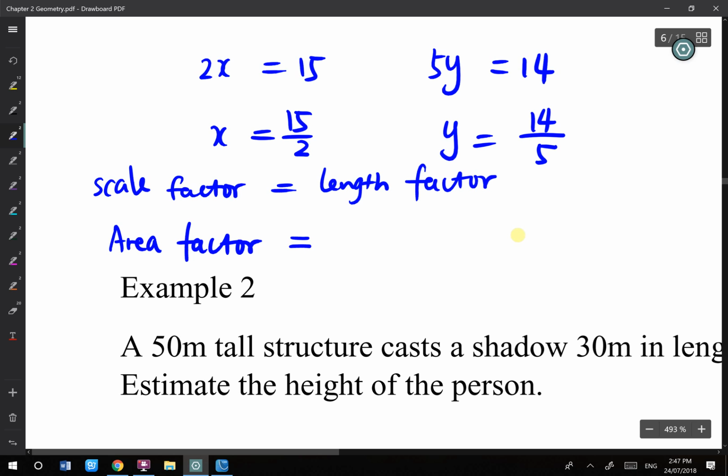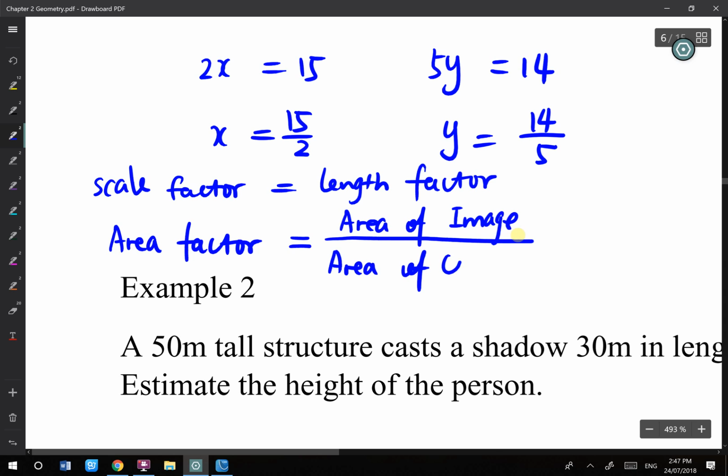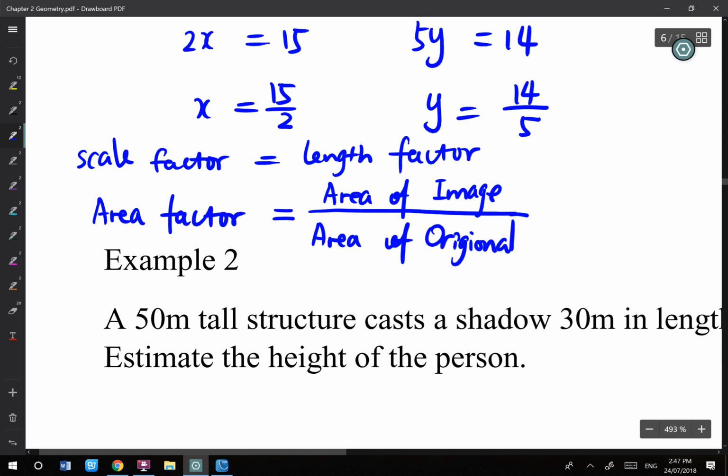Area factor equals the area of the image over the area of the original.